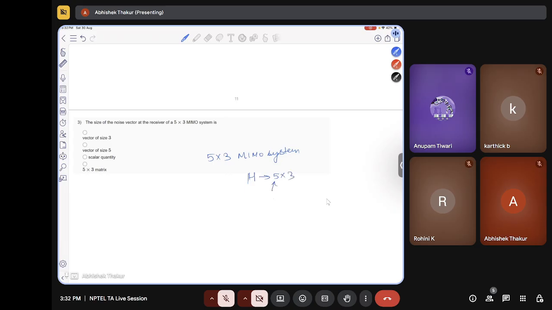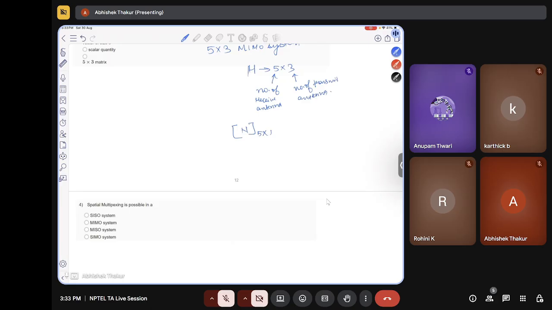Here 5 is the number of receive antennas, and 3 is the number of transmit antennas. Noise will be added at all the receiver ends. The number of receive antennas is 5, so the noise vector will be 5 cross 1. So the correct answer will be option B.